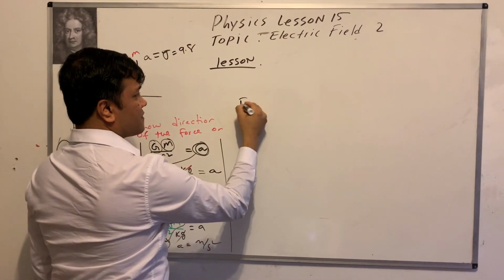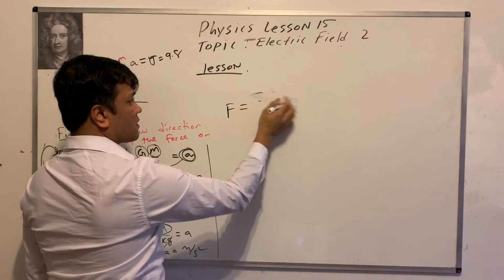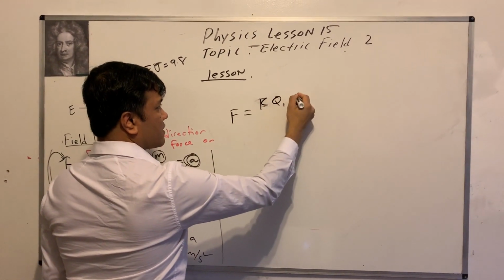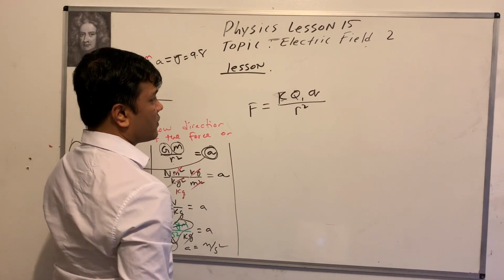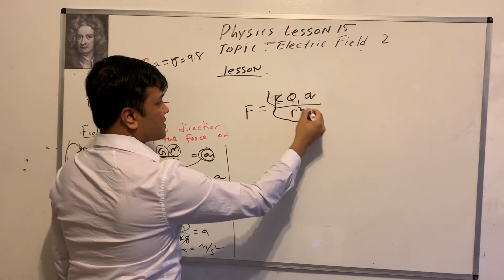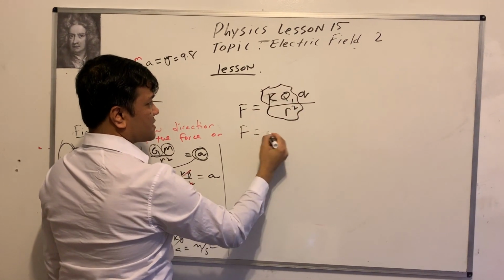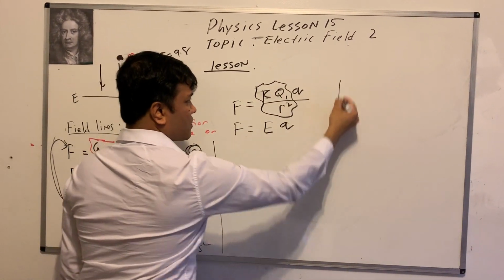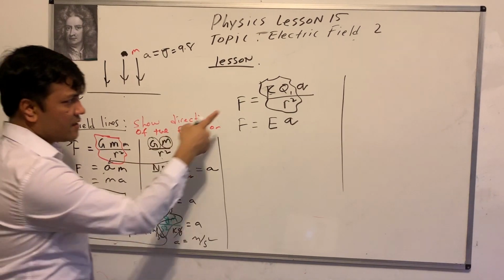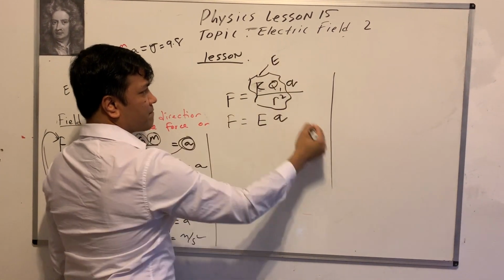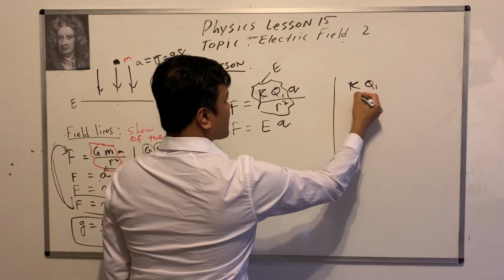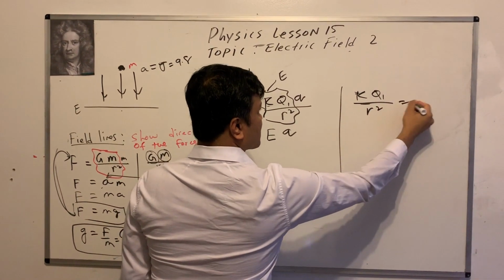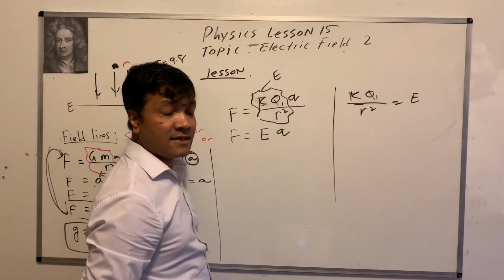So F is equal to K Q1 Q2 over R squared. Now we know one thing, that this is EQ. Just like the way I proved over here, I'm going to prove that this is E. So K Q1 over R squared is equal to E. That's what I said, right?